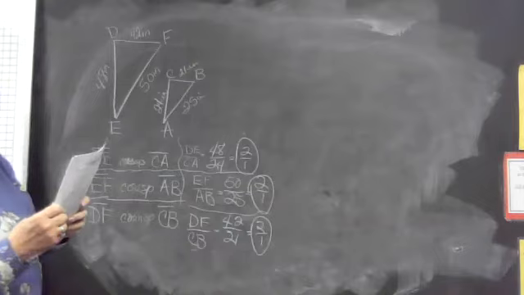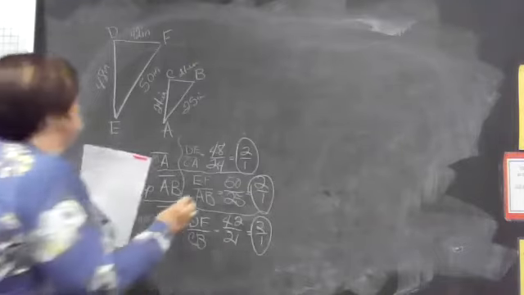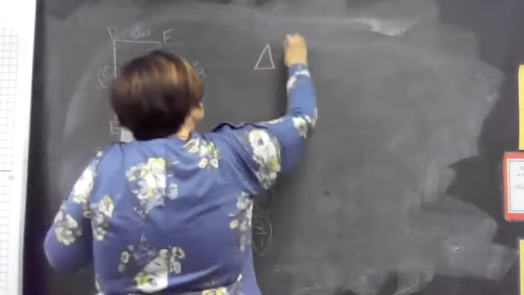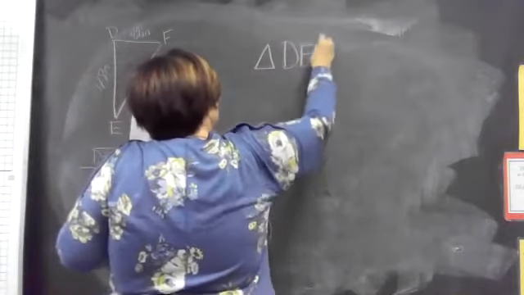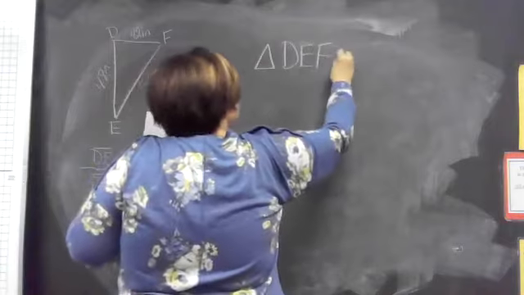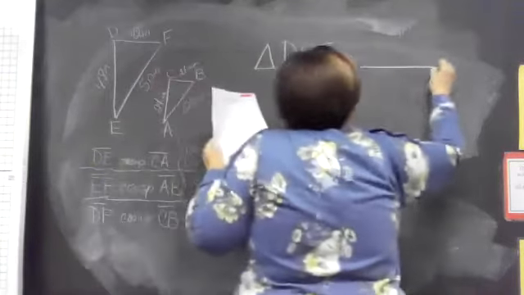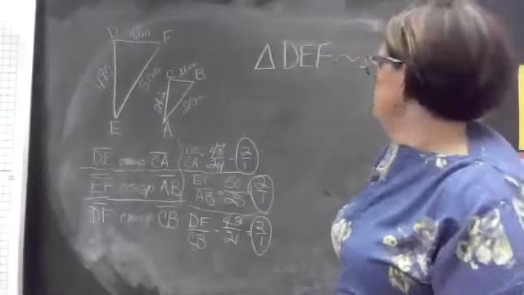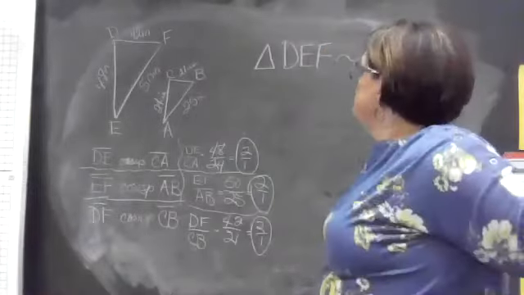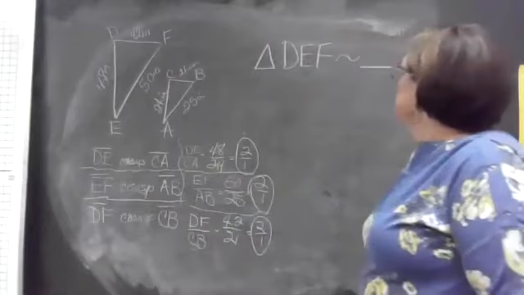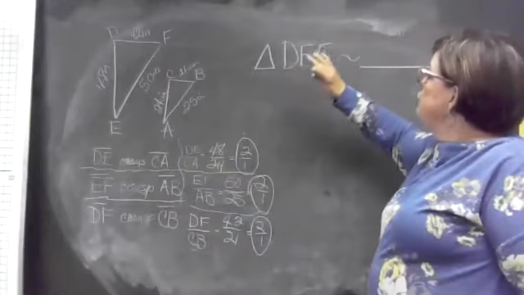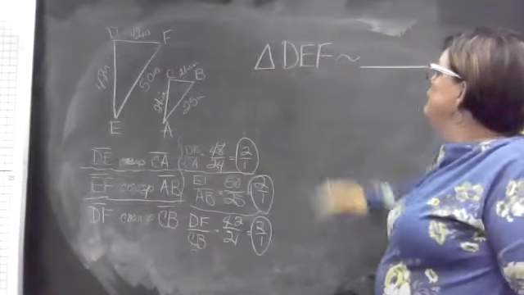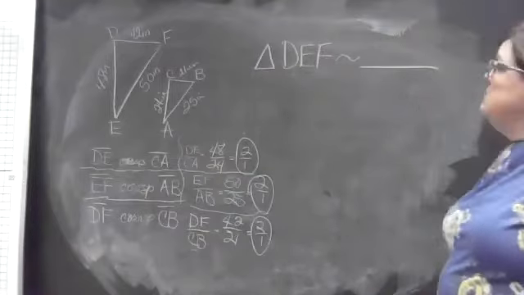all you have to write in here, they said complete each similarity statement. So they start the statement by this. They say triangle DEF is similar to, and then it has a blank. So all you have to do, since we know it's similar, is write the other triangle in this order to make a similarity statement.